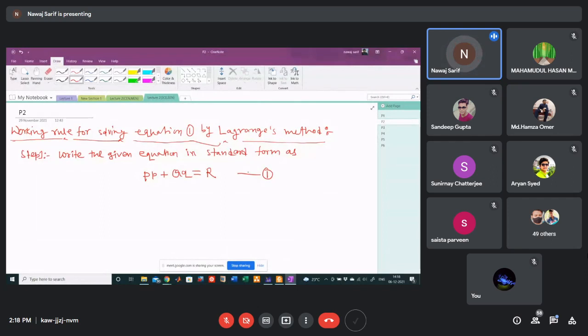So first of all, you have to write the given equation in standard form as Pp plus Qq equal to R.